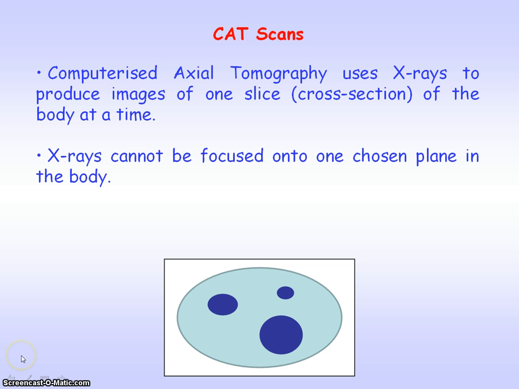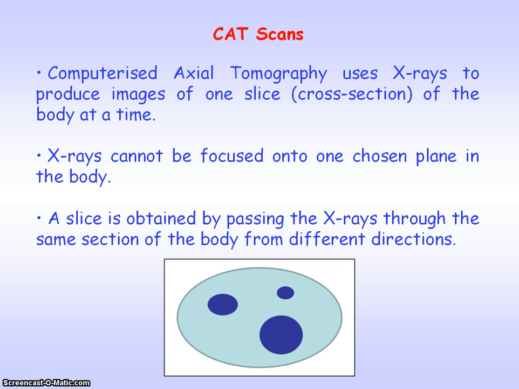As the X-rays cannot be focused onto a chosen plane in the body, what we do is we pass the X-rays through the same section of the body from different directions in order to obtain the slice.